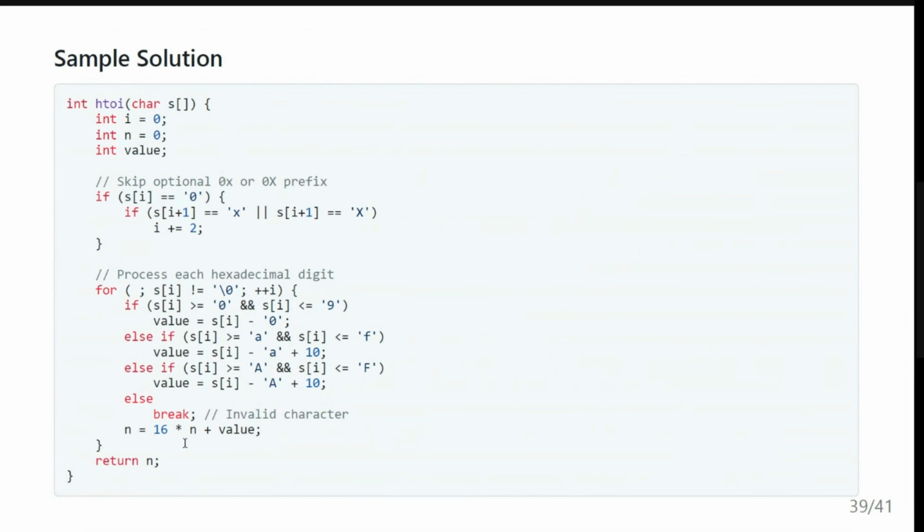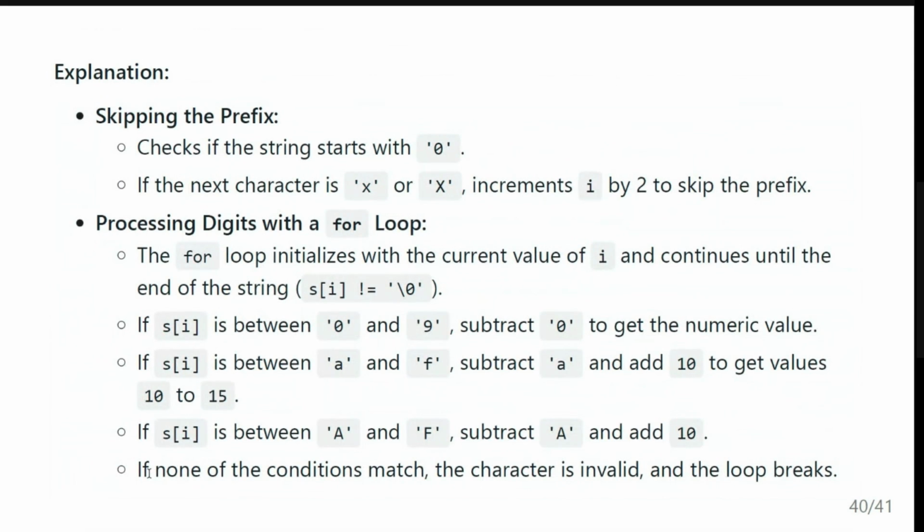Then you calculate the value. I give you this equation, so you don't have to worry about it. But basically, it's a little bit different from doing the manual conversion. It's actually doing the opposite way. So this function basically returns this final value, and then we have a main function to print the results out. Again, if it's a prefix, skip the index by 2.